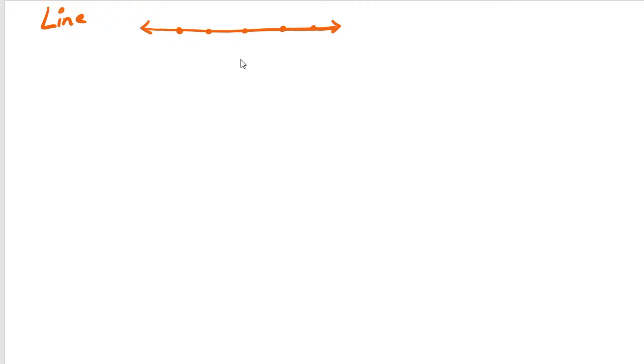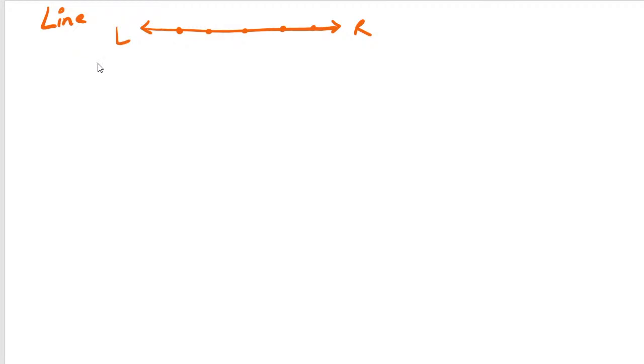And it goes endlessly in both directions, on the left hand side and the right hand side. It has no end. It can go beyond. So this is a line.